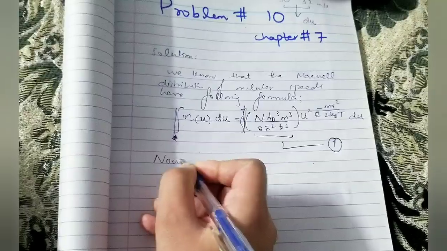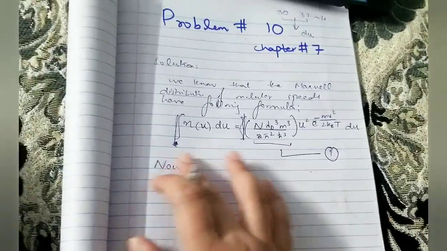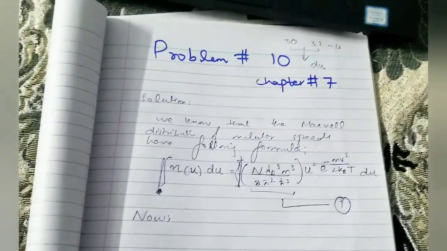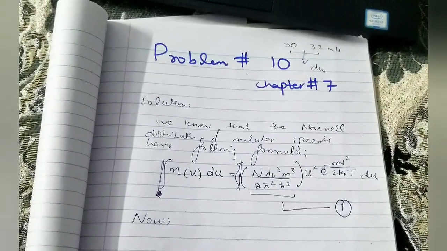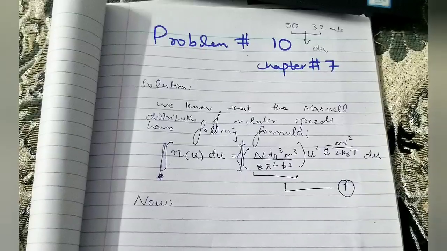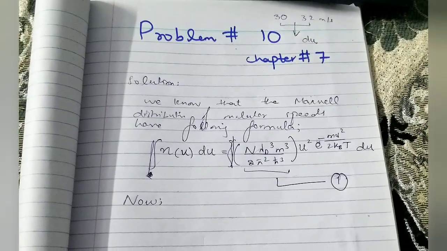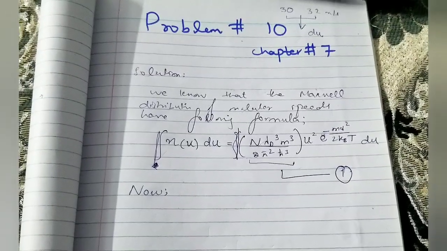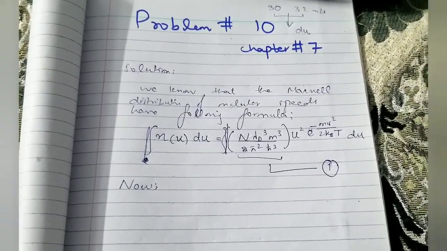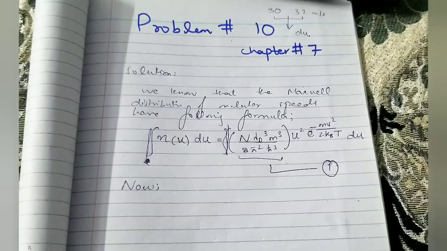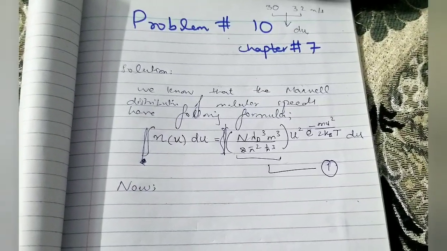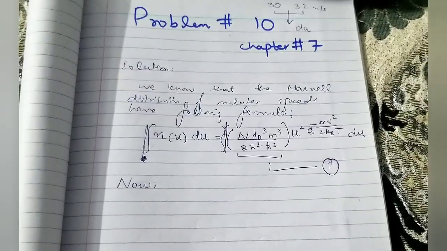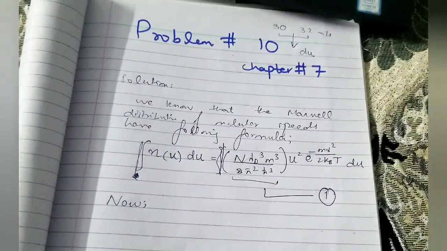Now, this is the formula for a free particle, and since we are considering the hydrogen gas molecules at sea level, this is a reference level in which the only energy the gas molecules have is the thermal energy due to the temperature of 300 Kelvin, and they don't have any gravitational potential energy.